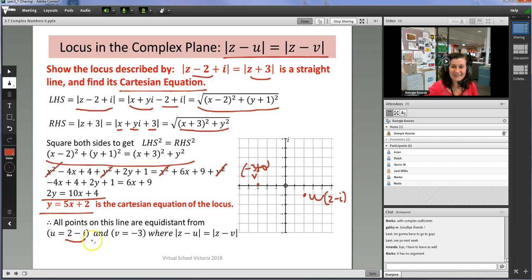And this line here, I think the animation will show it. I can draw a straight line with me. So there it is, y equals 5x plus 2, and this line meets this criteria.